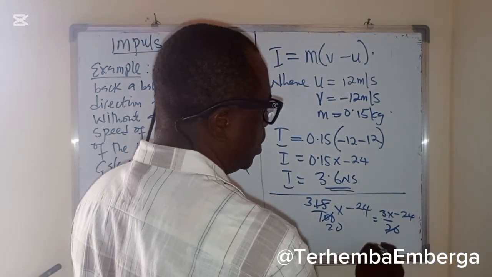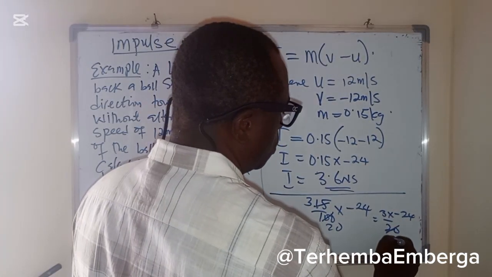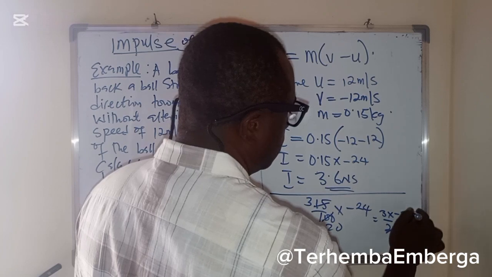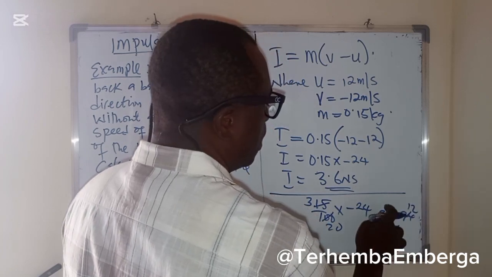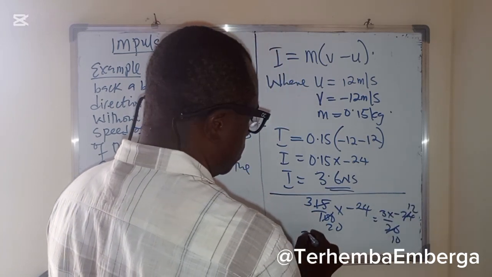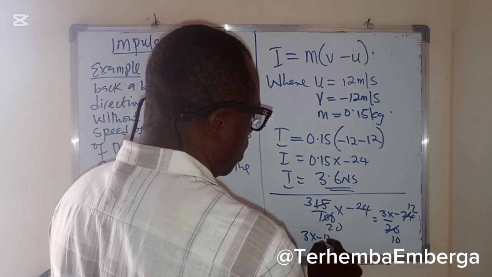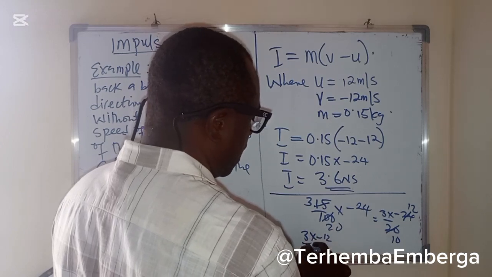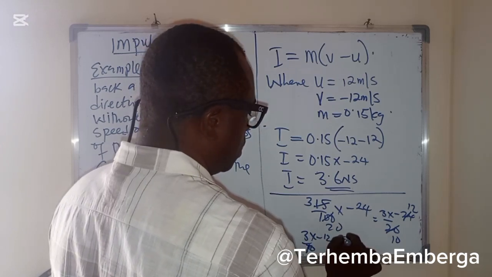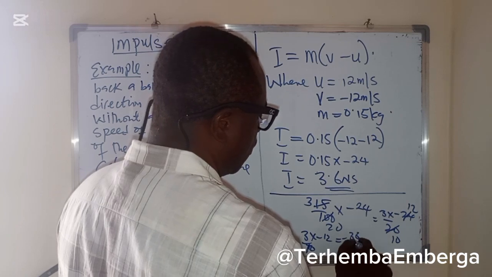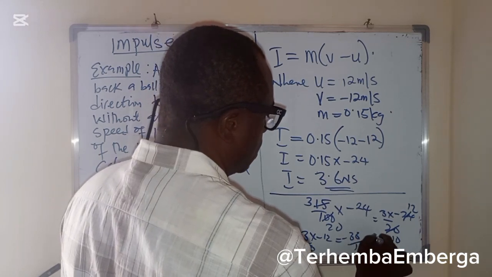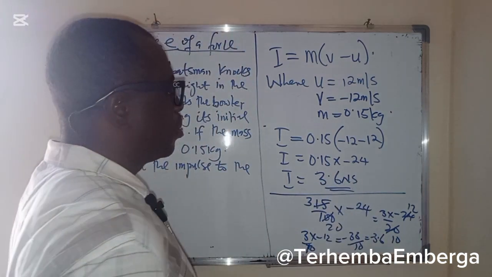We can still reduce this using 2. 2 into 20 is 10, 2 into 24 is 12. So 3 times minus 12 all over 10, which is minus 36 all over 10, which is minus 3.6.